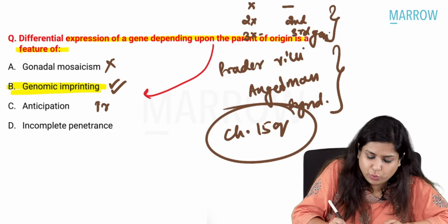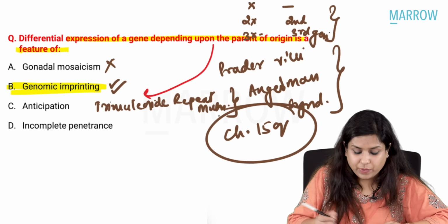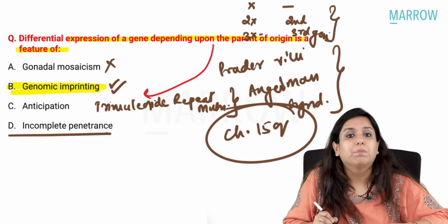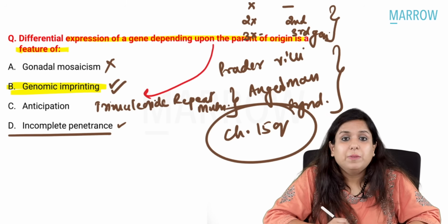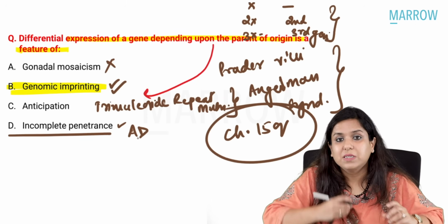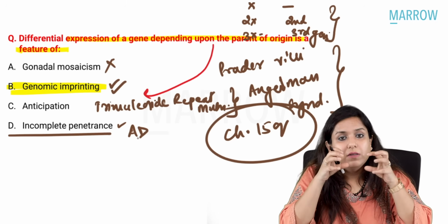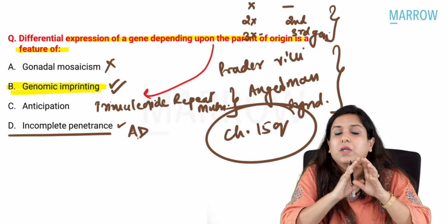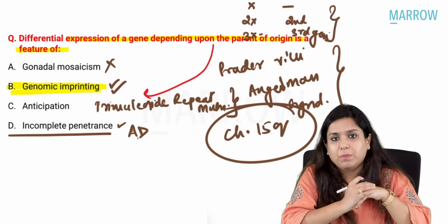It is usually shown by the diseases which are inherited in a trinucleotide repeat manner. Correct? For example, Fragile X syndrome. Last is incomplete penetrance. What is incomplete penetrance, students? It is usually shown by autosomal dominant disorders. That means the genetic defect does not penetrate the gene completely, therefore morphologically it does not manifest fully, right? That is called incomplete penetrance.